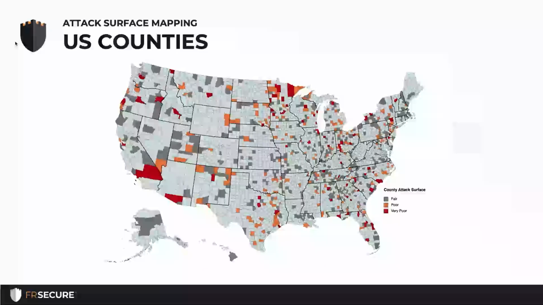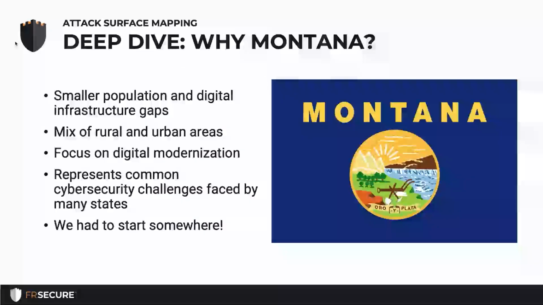So this is just county information. As we're maturing this, we wanted to really start digging in and get deeper. We wanted to look at water districts, electric co-ops, school districts, cities, like city infrastructure as well, and then also the counties. So we started with Montana.